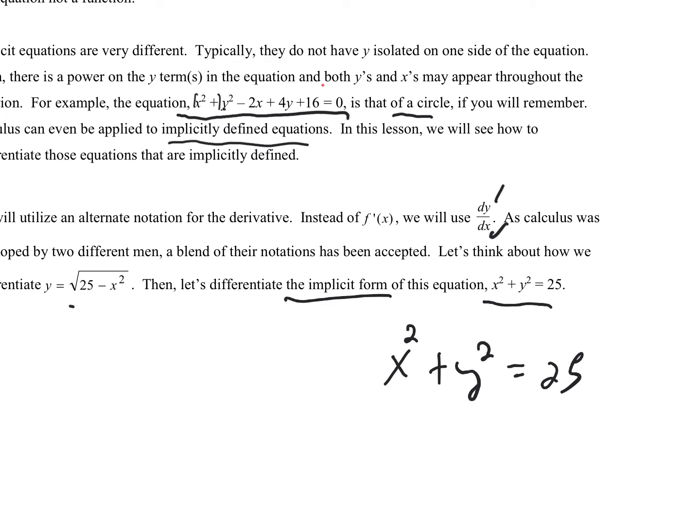Now, mind you, we could solve this for y, and we already did do the derivative, but I'm going to do the derivative with respect to x, both sides. The derivative of both sides with respect to x.